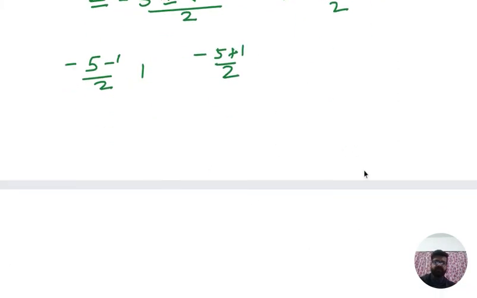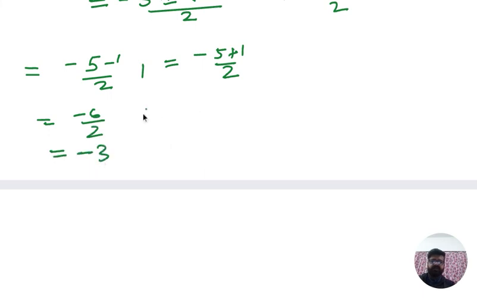So as you can see, there will be two values of x. In one we will find one value by putting minus here, and in another we will take the other sign, that is plus. So it will be minus 6 by 2, and this is minus 3.